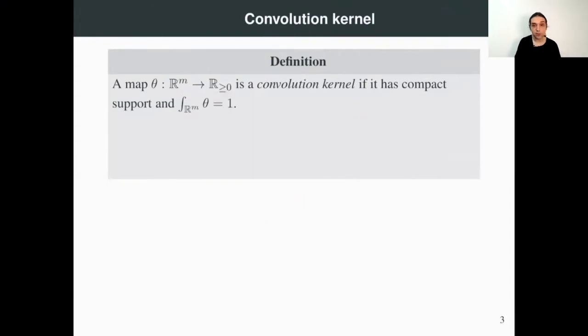Sure, in order to consider the integral, we have to require some level of regularity, but we are going to suppose that indeed theta is a C-infinity map. So we can consider that integral, and we require, in order for theta to be a convolution kernel, that the integral is equal to 1.